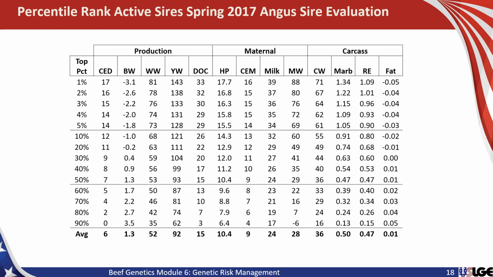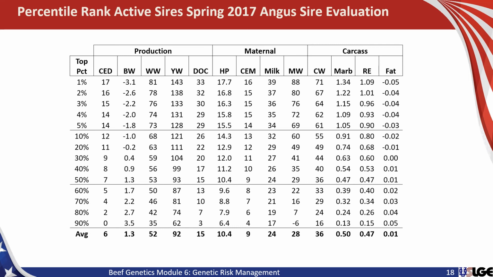Here's an example of a percentile rank table from an evaluation produced by the American Angus Association in 2017. Here are the percentiles on the left side that go from the top, and remember these are the upper percentiles, so they rank animals in the top percentage of the population. And so we start with the top 1%, 2%, and so on.